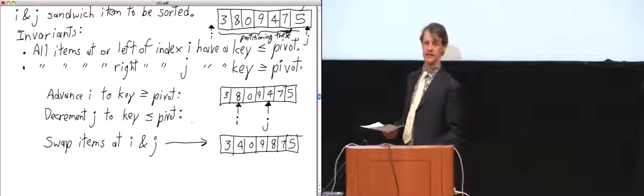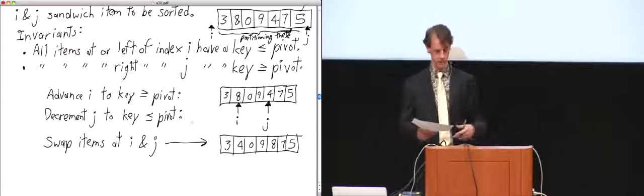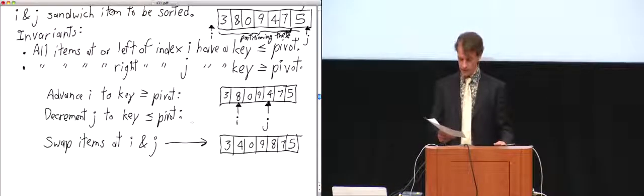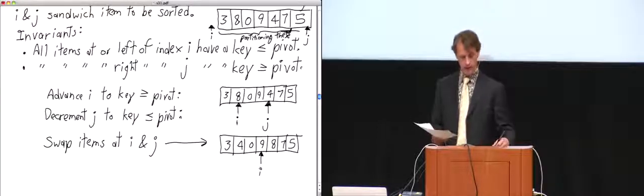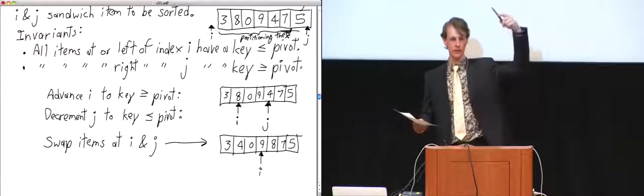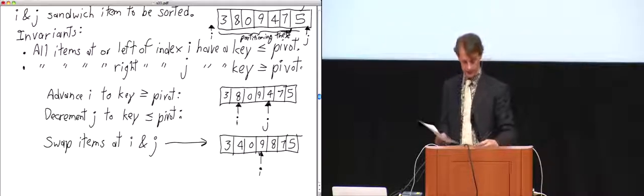I want all the keys less than the pivot on the left, all the ones greater than the pivot on the right. Now I'm going to keep going. I'm going to keep advancing i forward until I find another key that is greater than the pivot. I'm going to keep moving j backward until I find another key that's less than or equal to the pivot.